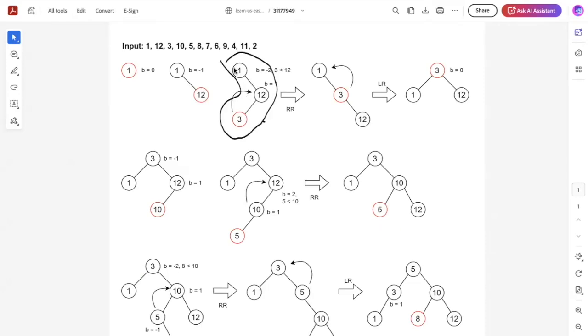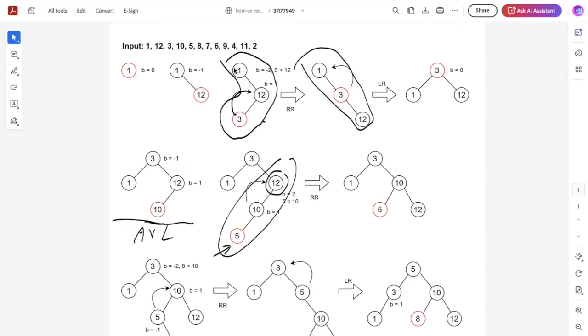You will just need to move this 3 up into the same direction, and then you can restore the tree. The next node is 10. It's still AVL. The next number is 5, and 5 goes in here. Then we check the first node that's off balance, which is this. They are all lined up, so we can just use one rotation.